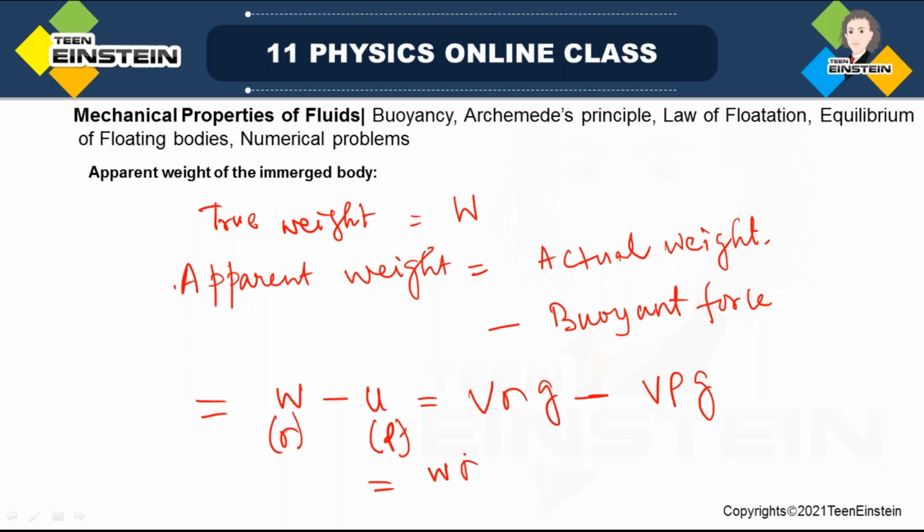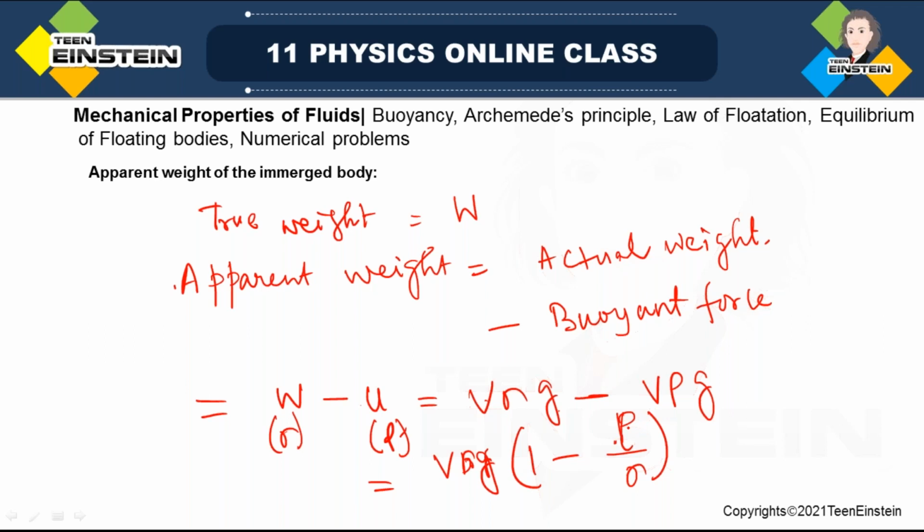Now if you take this V sigma and g common, V and g will get cancelled, so there will be rho over sigma.